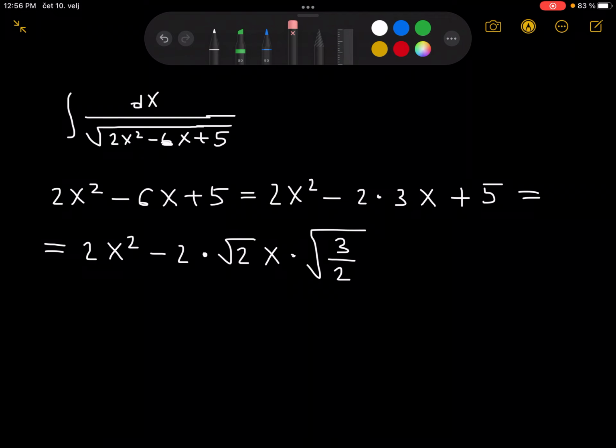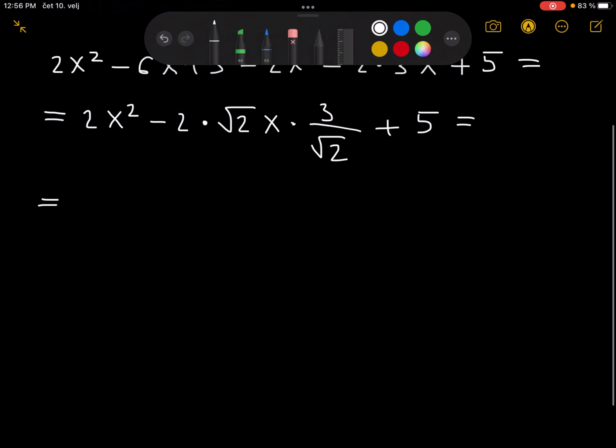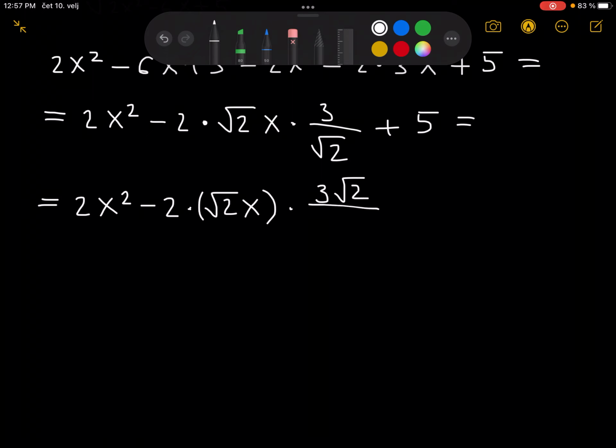Oops, times 3 over the square root of 2, plus 5. And this is equal to 2x squared minus 2 times square root of 2x, and I'll just put that in parentheses, times, when we rationalize this other factor, 3 times the square root of 2 over 2, plus this quantity squared.